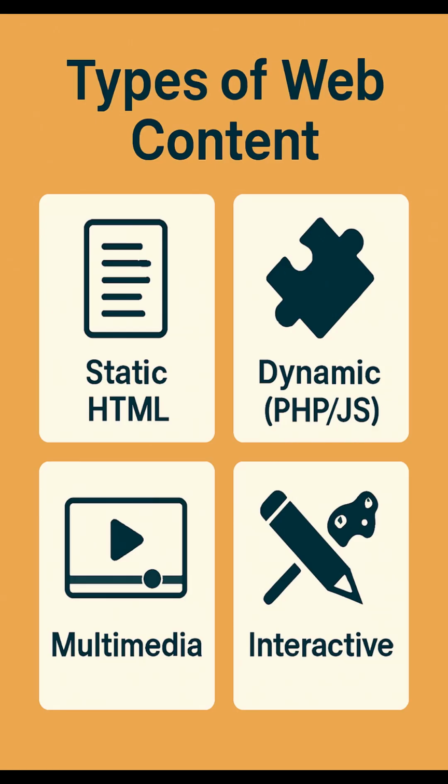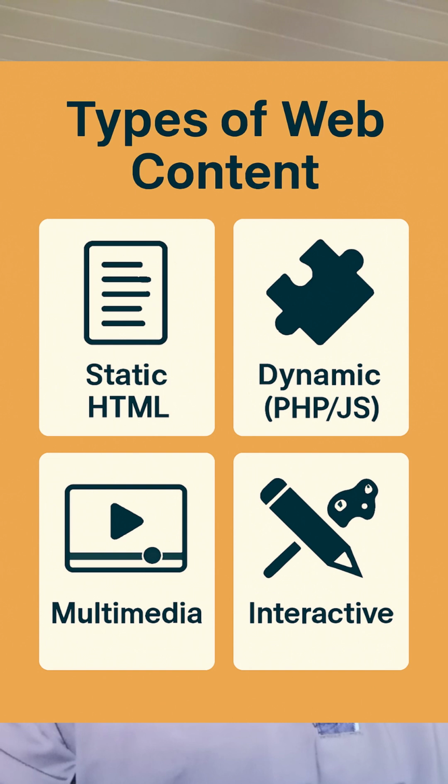Types of web content. We have various types of web content. Let's understand that the web offers a variety of content types. For example, we have static content. This is like an HTML page that doesn't change. It is static. It is read only. You can only read the content, and there is nothing you can change about it.